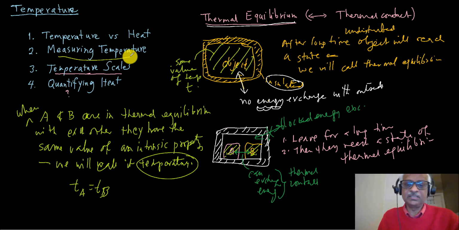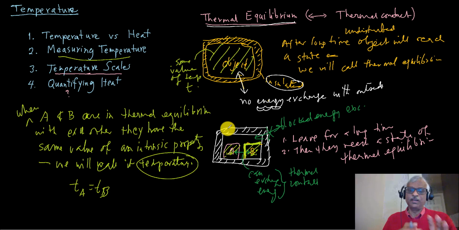Measuring temperature is you take one of these things as some kind of standard and compare its temperature to the temperature of that guy. And so now we're going to talk about how you measure temperature when you have defined temperature this way through thermal equilibrium.